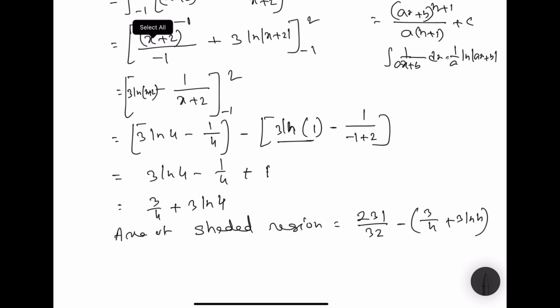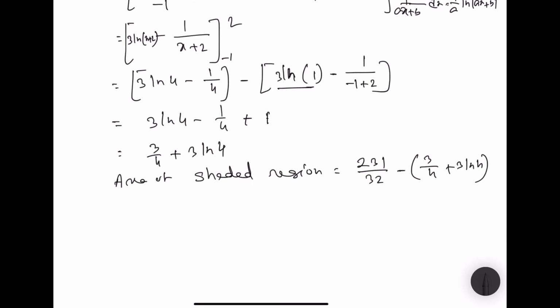This is the area under the curve, the area of the whole thing minus the area under the curve. Now if we simplify, that is 231 divided by 32 minus 3 by 4, so we are having 207 by 32. Let us use the calculator.